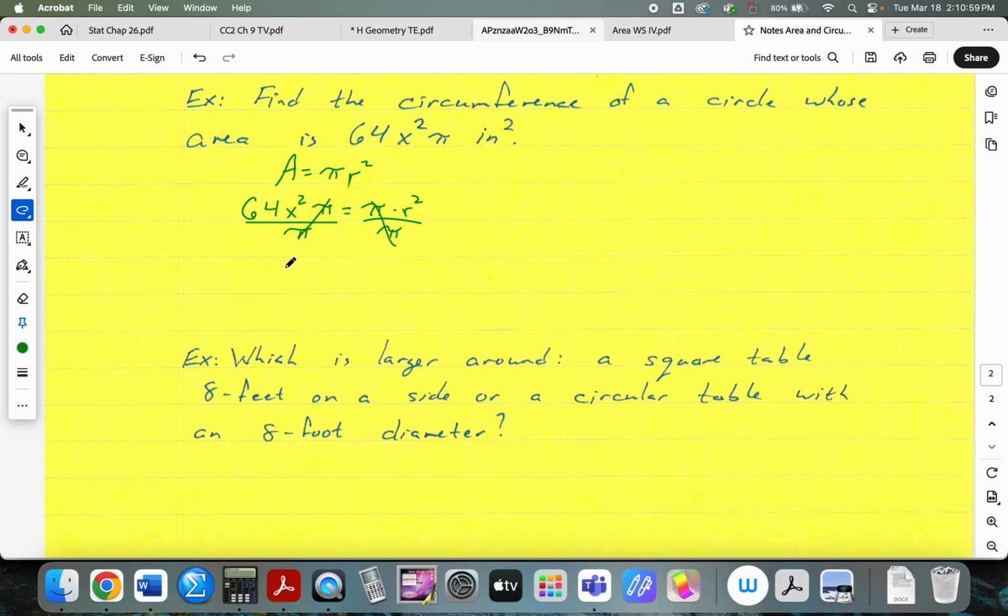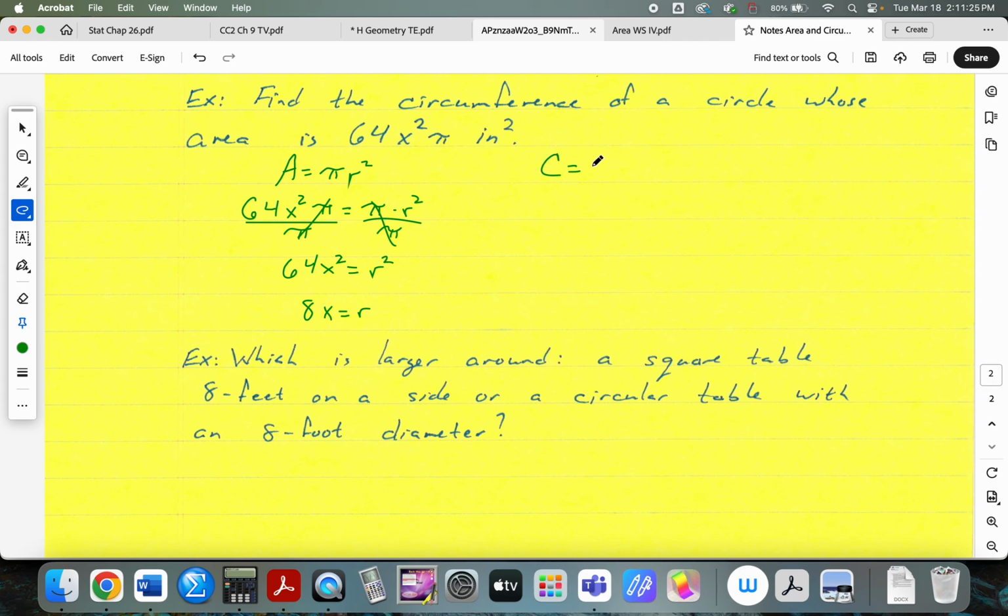Nicely, that makes both of those drop out. And then we're going to do the opposite again. We're going to take the square root. The square root of 64 is 8. The square root of x squared is x. So the radius is going to be 8 times x.